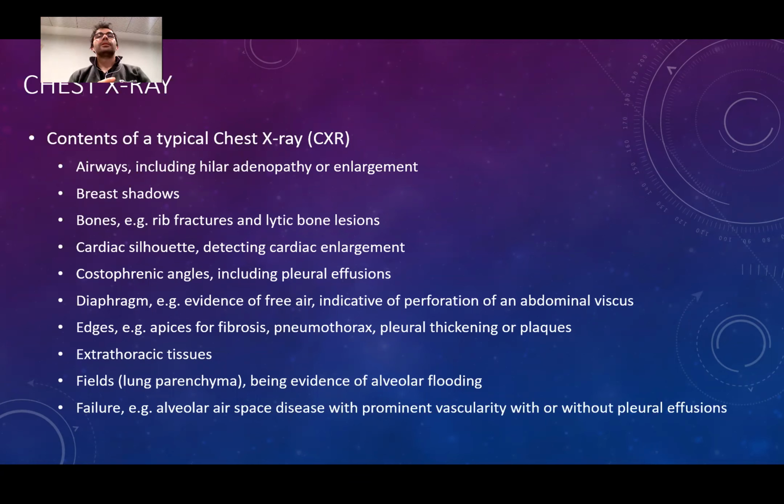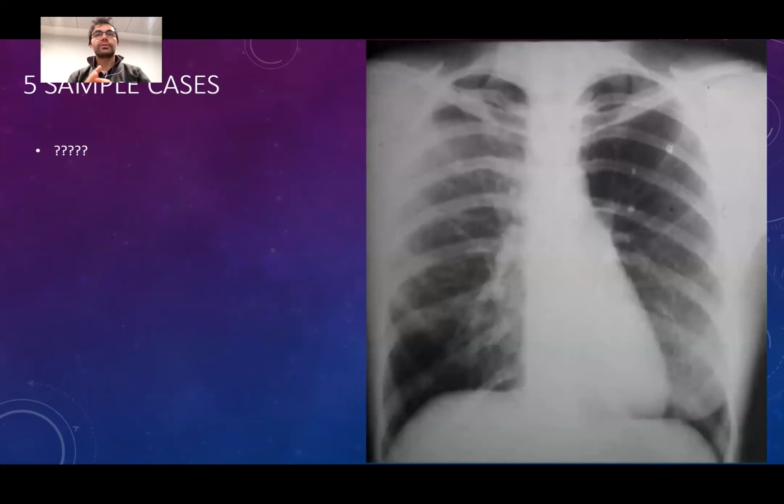question. So we should always approach a chest X-ray systematically. This should be a must, because if you are just looking at the image and trying to figure out what it is, there are many pathologies intersecting with each other. We can easily miss a lesion which is on the bones, for example.